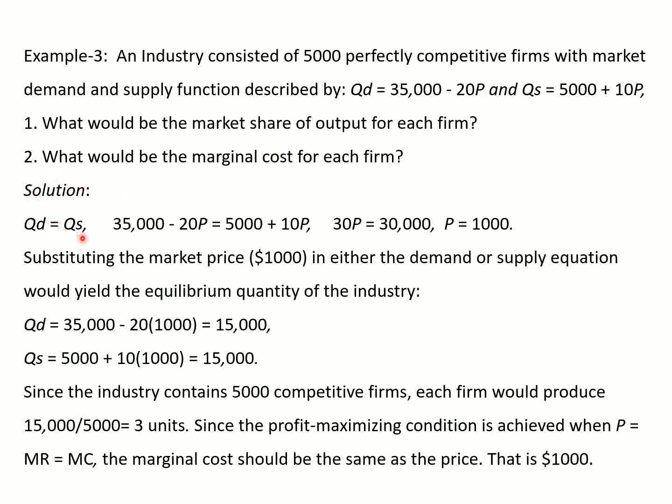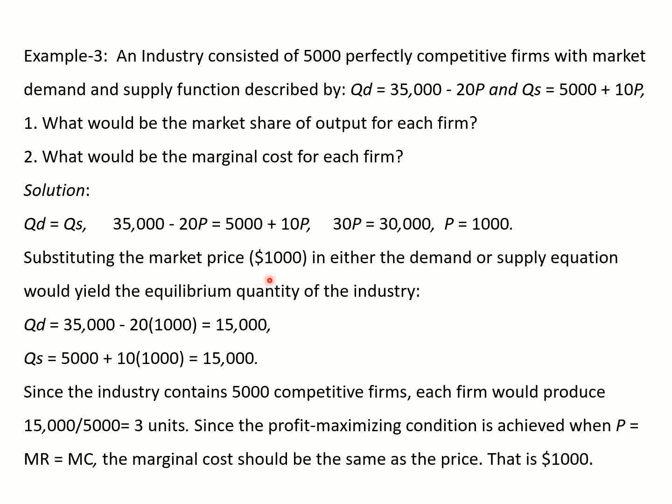This is the price that the firm takes. So to find the equilibrium point, we equate the quantity demanded with the quantity supplied. At the equilibrium point, the price is 1,000. So 1,000 is the market price that is taken by the firms.